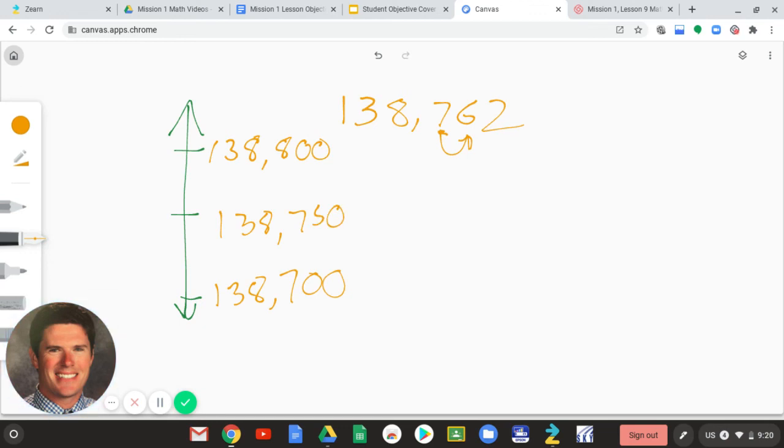If I look directly below it, it's a 6, which is greater than 5, so it's going to round up.